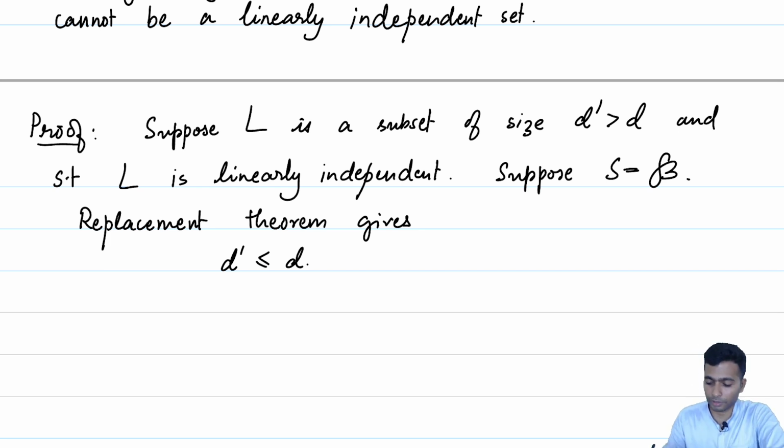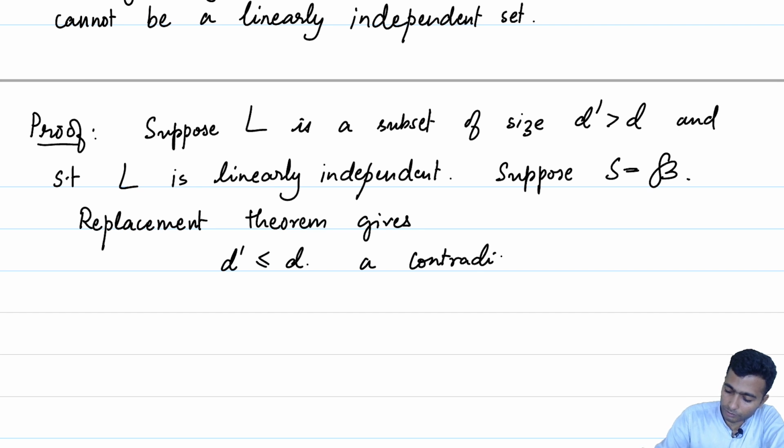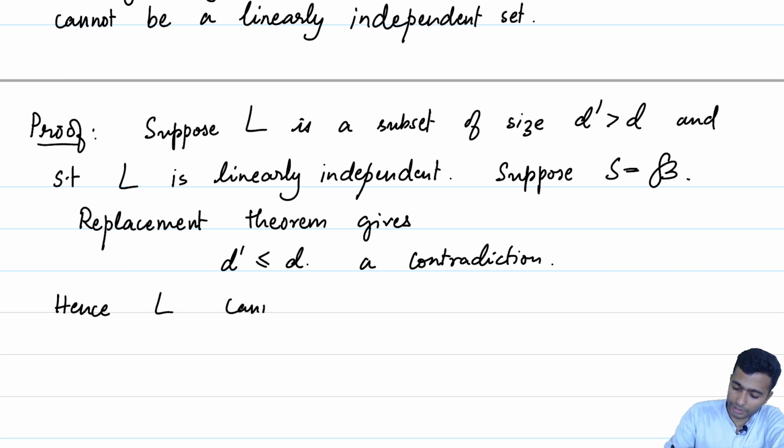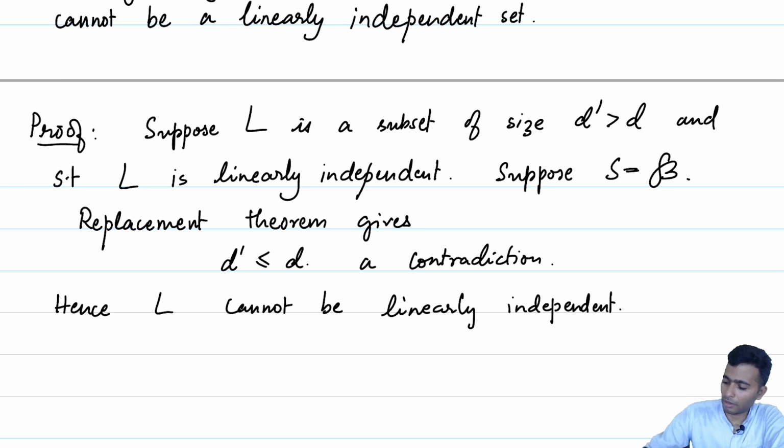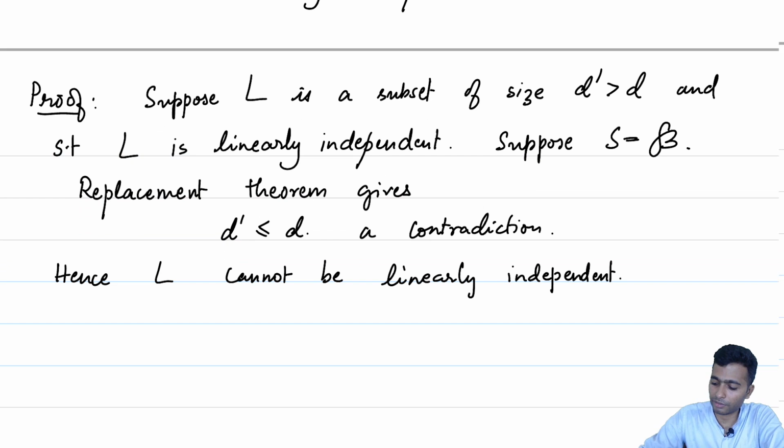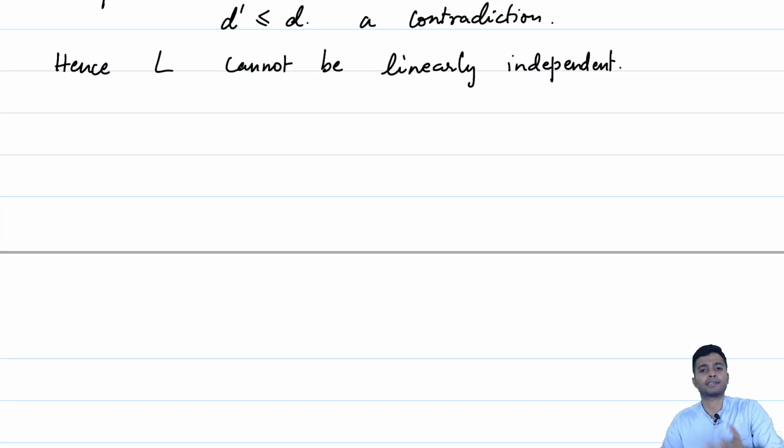Therefore, D prime is less than or equal to D, which is a contradiction. And therefore, hence L cannot be linearly independent.